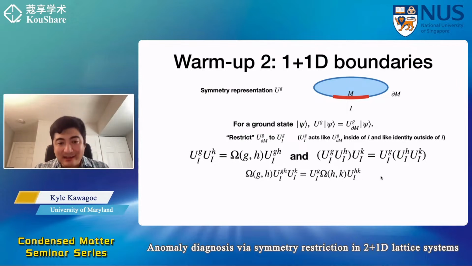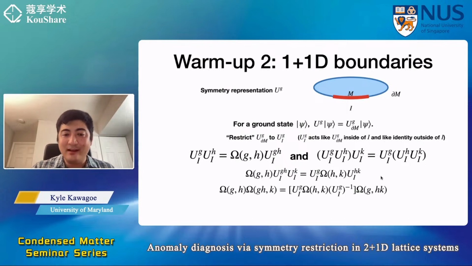Combining these various symmetry operators and playing this game over and over again, you eventually derive this relation. So associativity implies some relationship between these omega operators. On the left, you have omega g comma h times omega gh comma k is equal to this g conjugated omega hk times omega g comma hk. Oh, and I should mention this is, of course, from Else and Nayak.